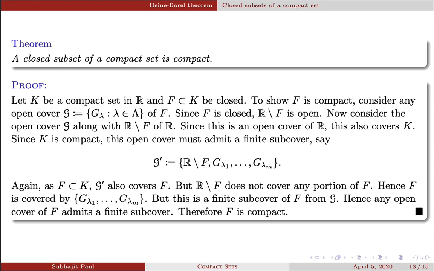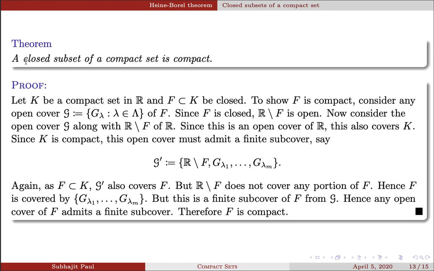Now a few remarks on this theorem. This theorem follows immediately from the Heine-Borel theorem. If we assume the Heine-Borel theorem, then this theorem follows almost immediately, because the Heine-Borel theorem says a closed and bounded subset of R is compact. So a closed subset of a compact set will be bounded again.